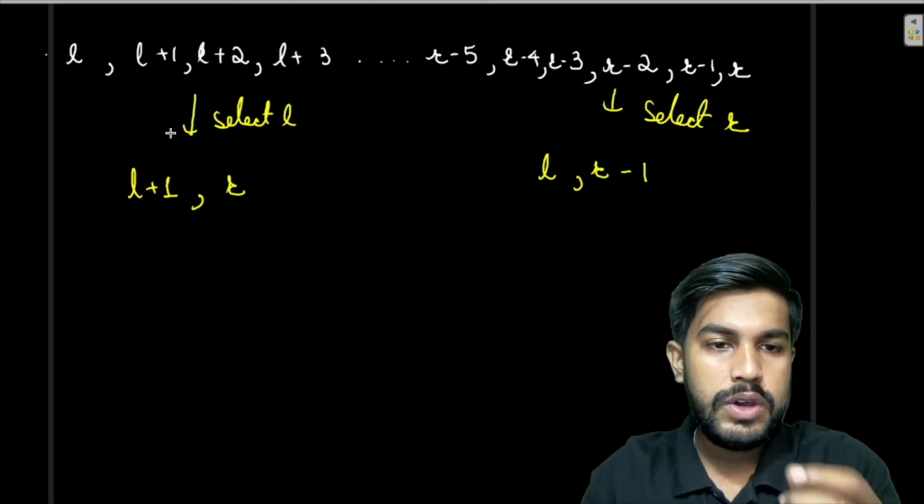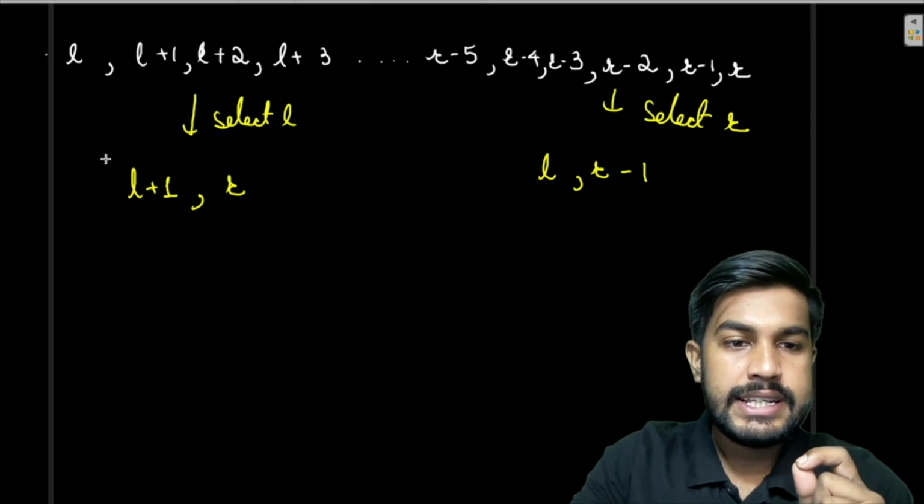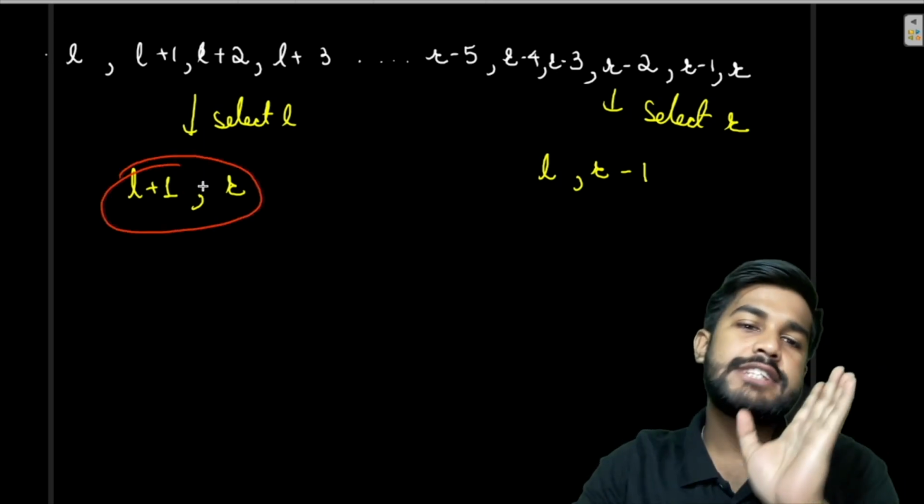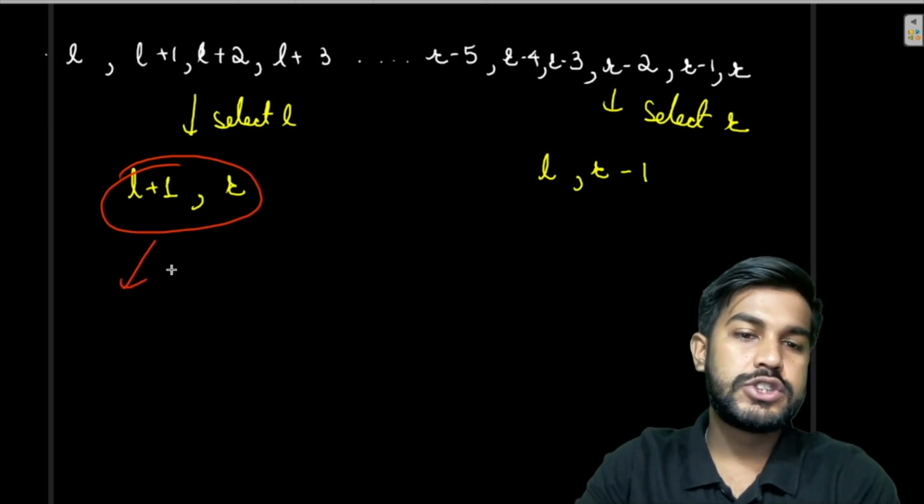Okay, so now the opponent is left with L plus 1 and R. Now the opponent has two opportunities to select.